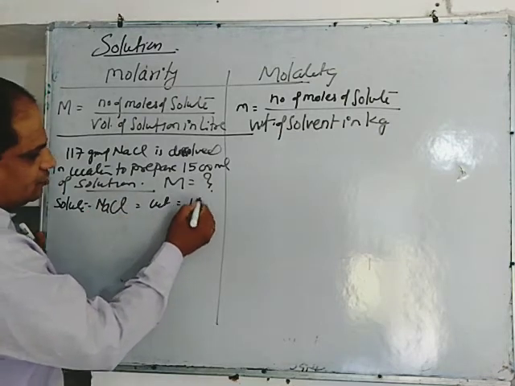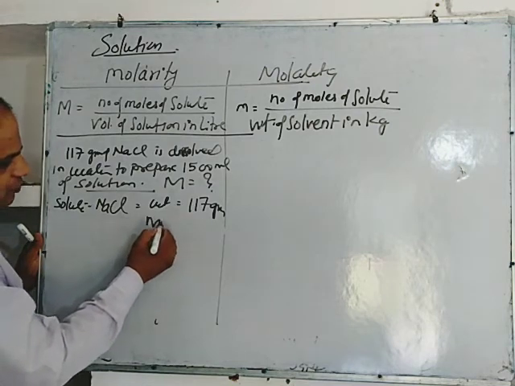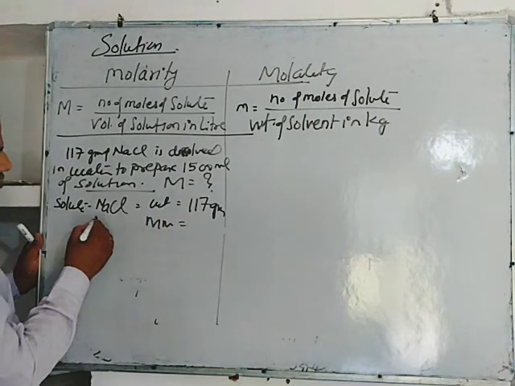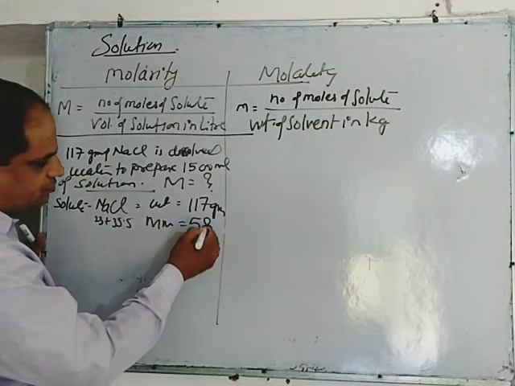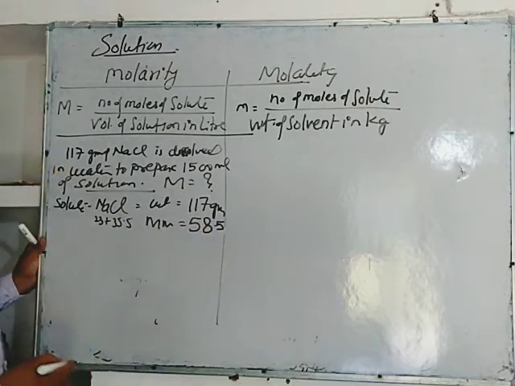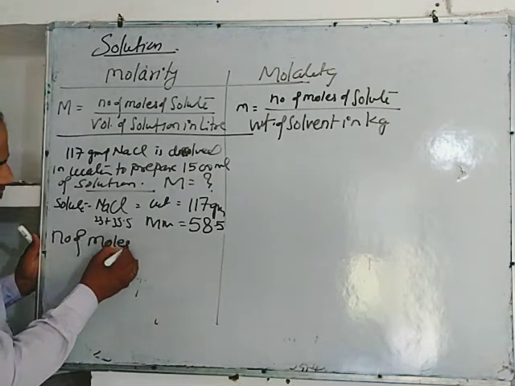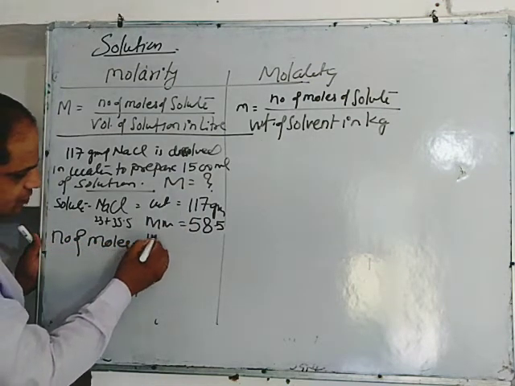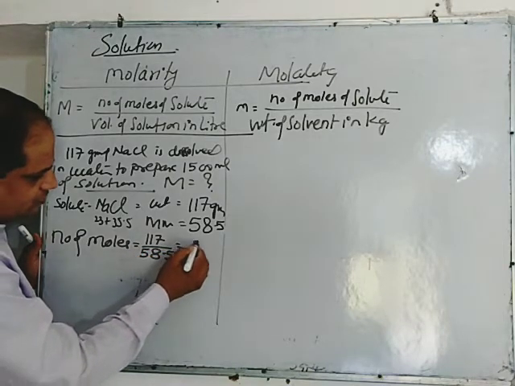Its weight is 117 gram. Its molecular mass is 23 plus 35.5 equal to 58.5 grams. So number of moles is equal to weight in grams upon molecular mass, equal to 2.